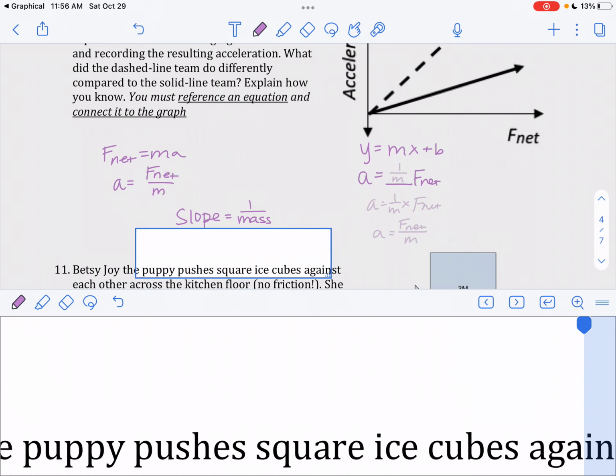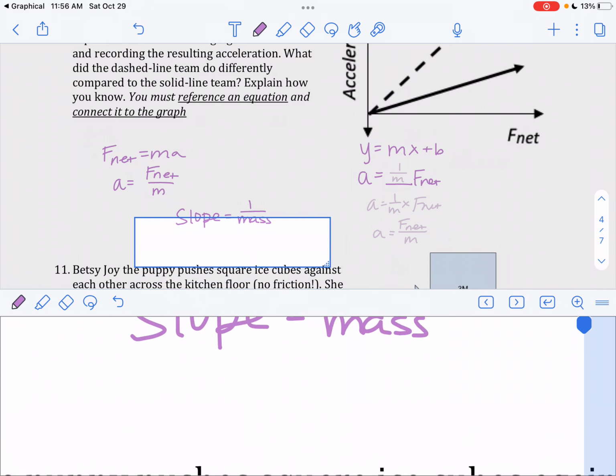And so that means a bigger slope, 1/2 is bigger than 1/4. A bigger slope would actually mean a smaller mass.